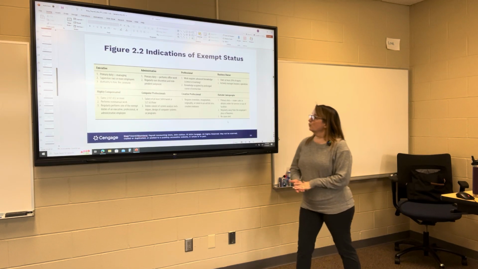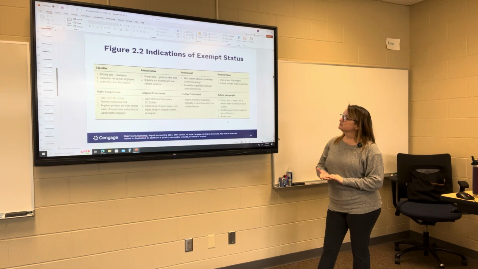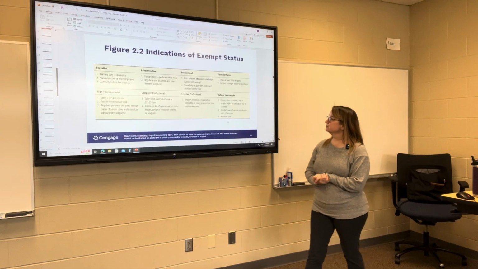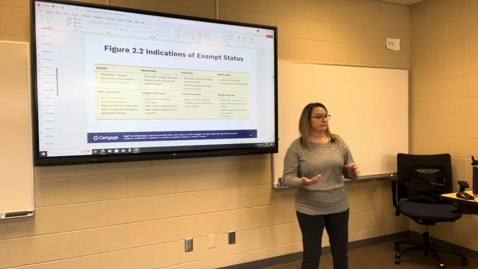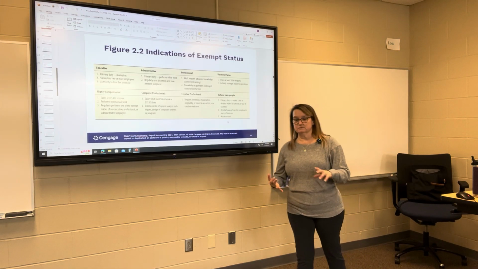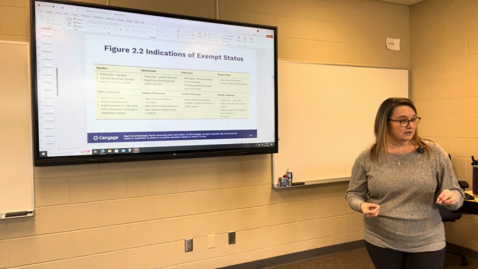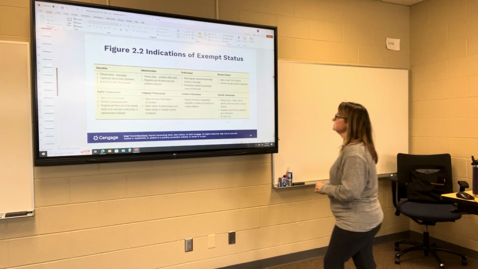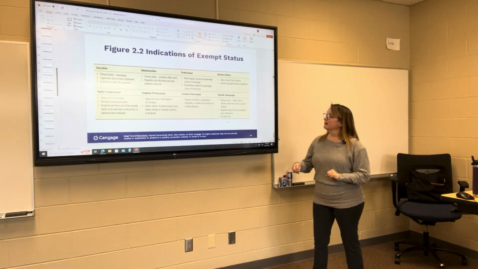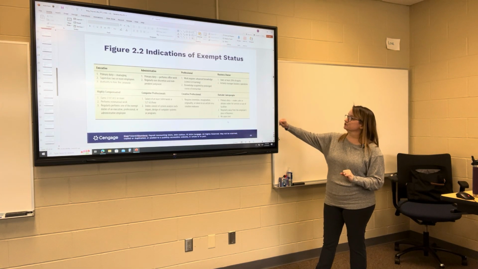Professional work requires advanced knowledge of science or learning, and the knowledge is acquired by prolonged course of instruction. Think CPAs, lawyers, architects, those types of professions. It requires advanced knowledge, and it's specific to that profession.